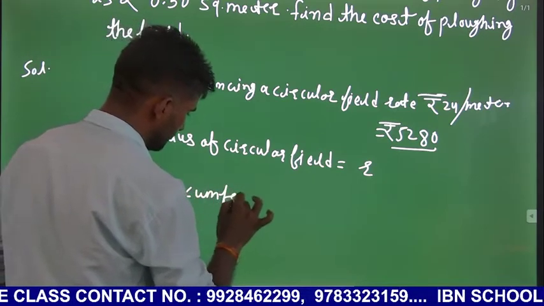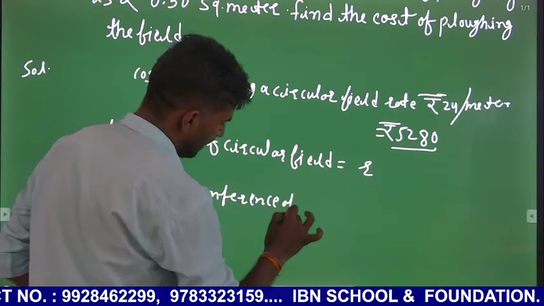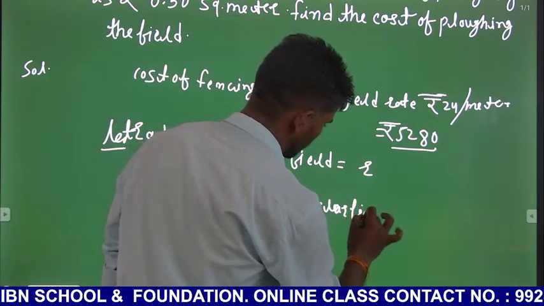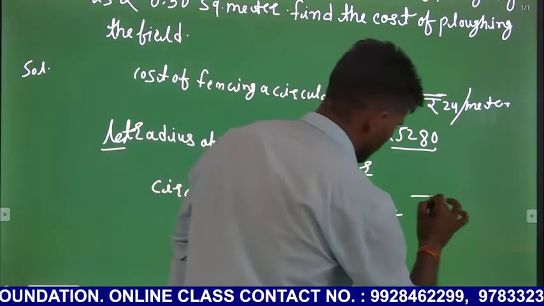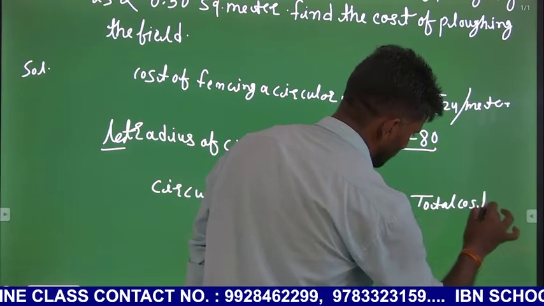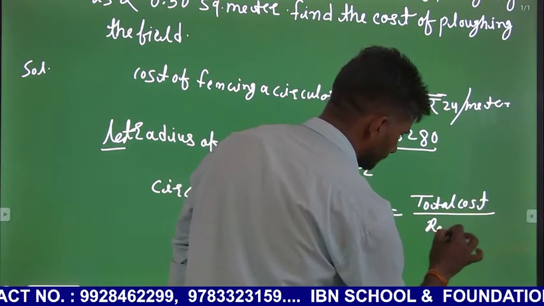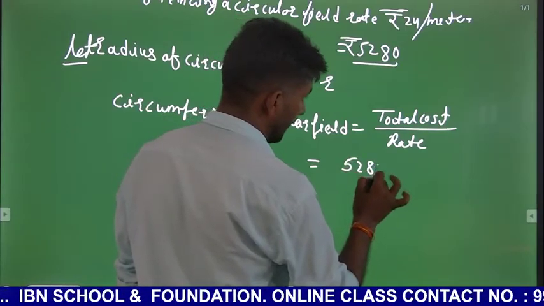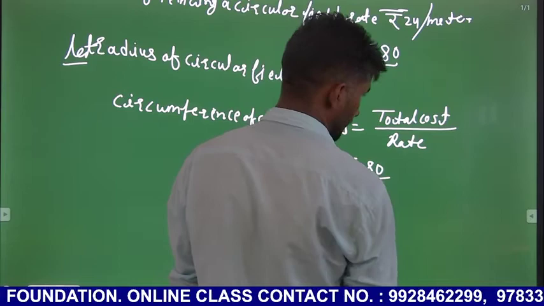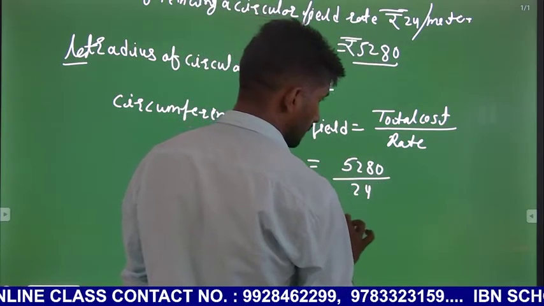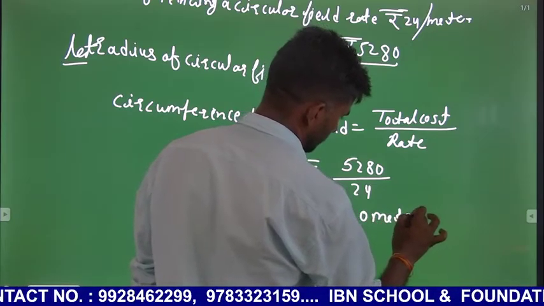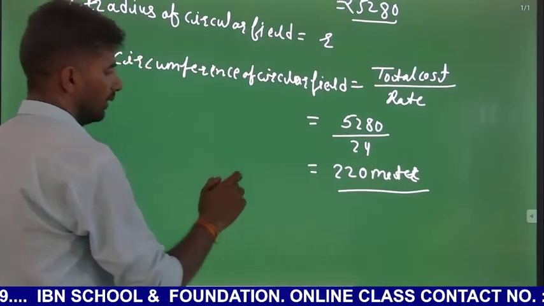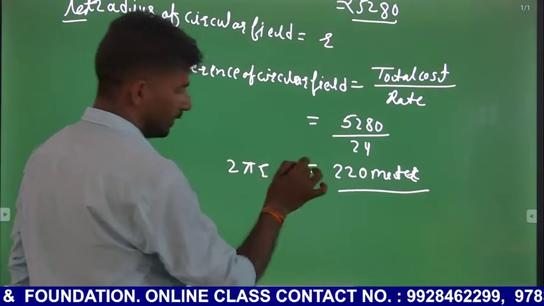Circumference of the circular field is equal to total cost upon rate, and this is 5280 divided by 24, and this is 220 meter, because the unit is in meter, and we know 2 pi r is equal to 220 meter.